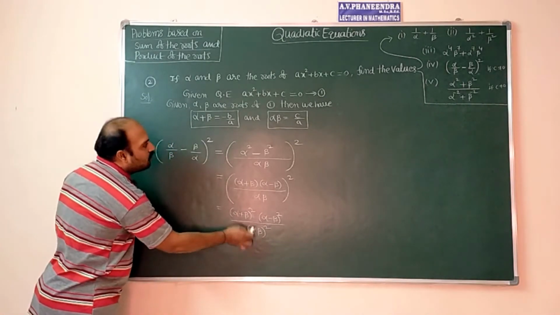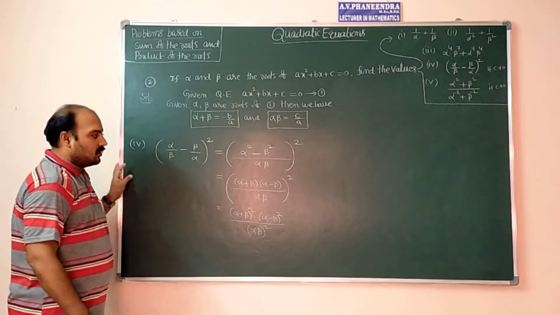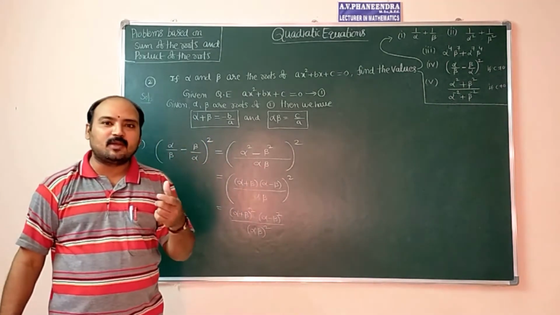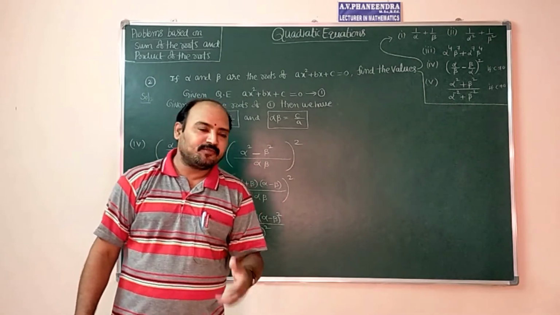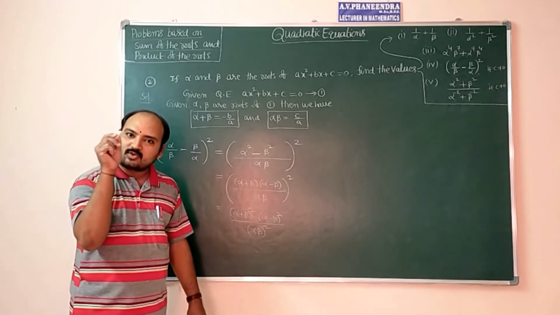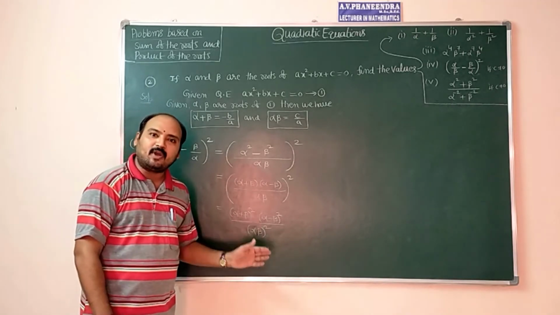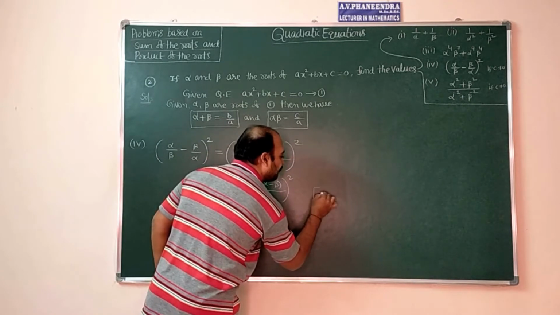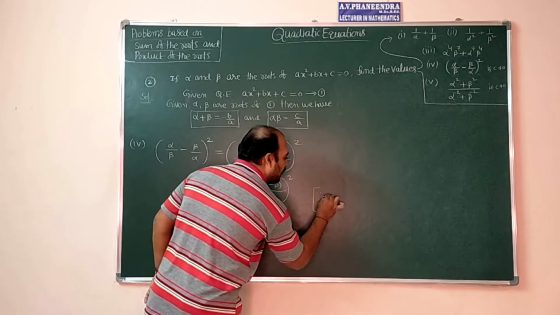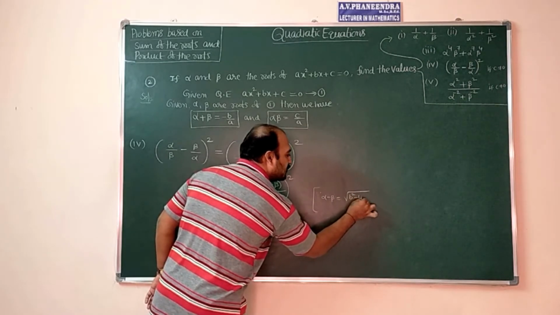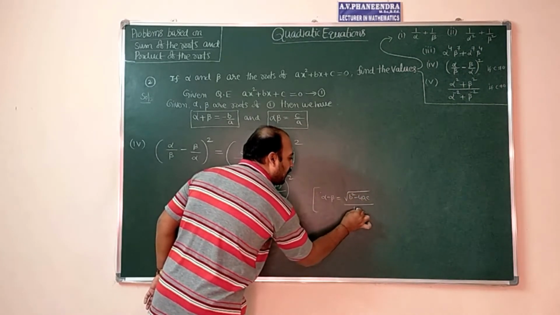Alpha plus beta and alpha beta values we know. Alpha minus beta whole square, I discussed in the previous videos, the difference of the roots is equal to square root of b square minus 4ac divided by mod a. You have to remember, alpha minus beta equals square root of b square minus 4ac divided by mod a.